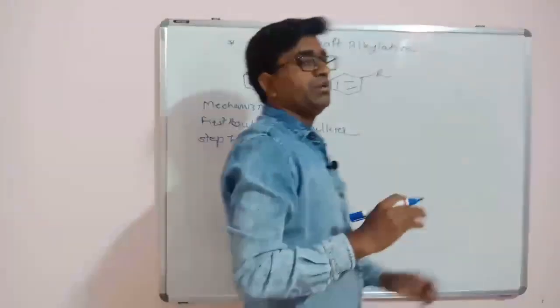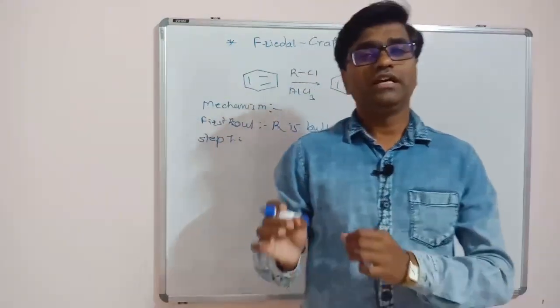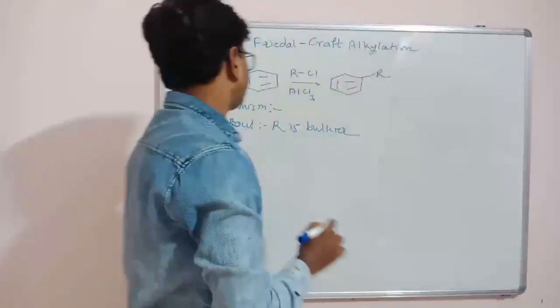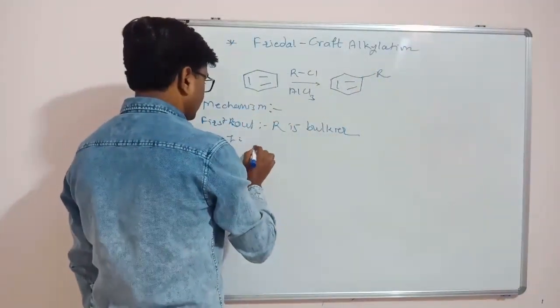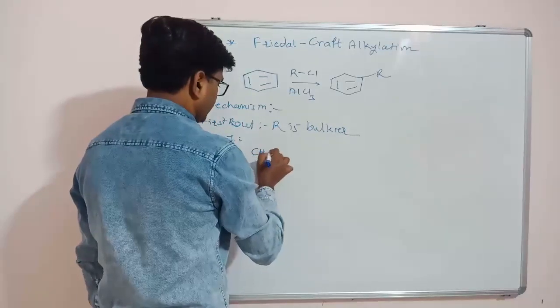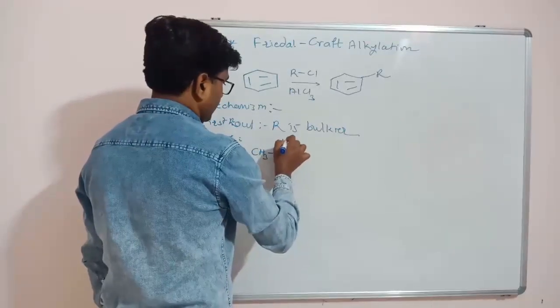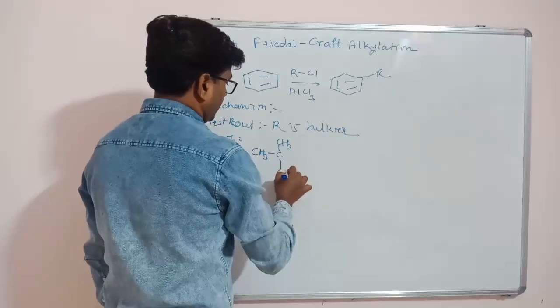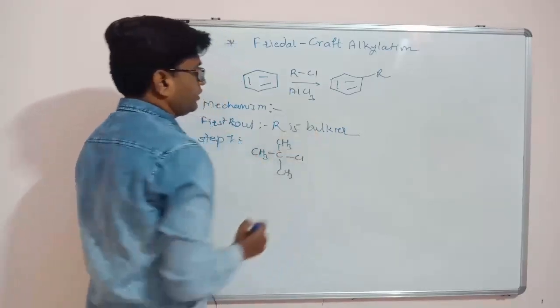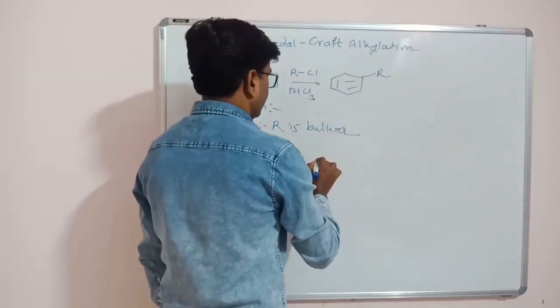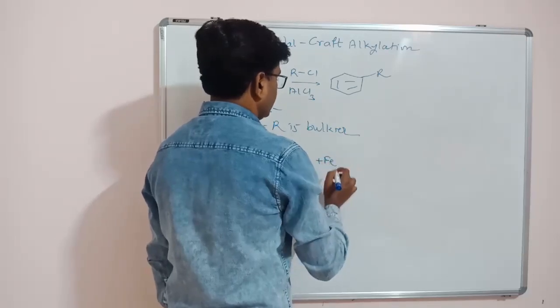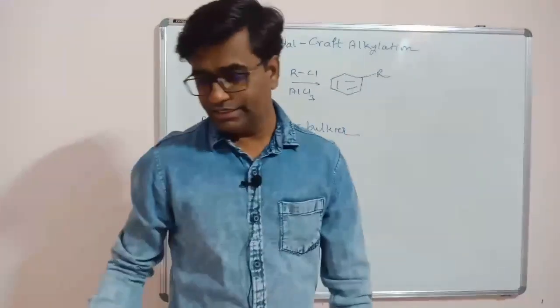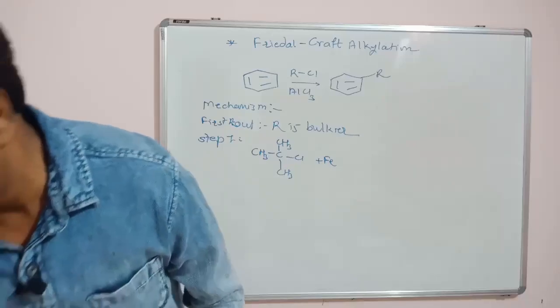First step is polarization of the alkyl halide. Suppose for a bulkier alkyl halide, we have tertiary butyl chloride. Our reagent can be FeCl3 or AlCl3, anything we can use.